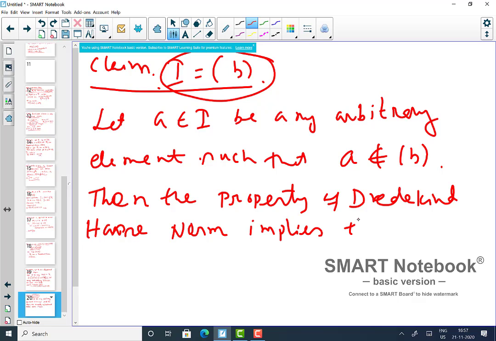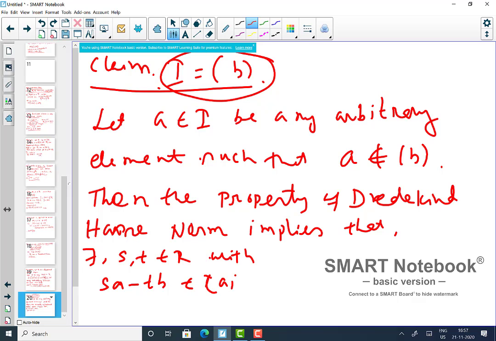It implies that there exist S and T belonging to R with SA minus TB, which is obviously an element of the ideal generated by A and B. Not only that, the norm of which is obviously inside I, because A is inside I, B is inside I, and the norm of SA minus TB is less than the norm of B, right?